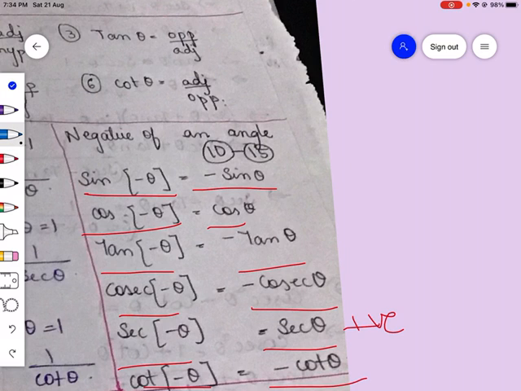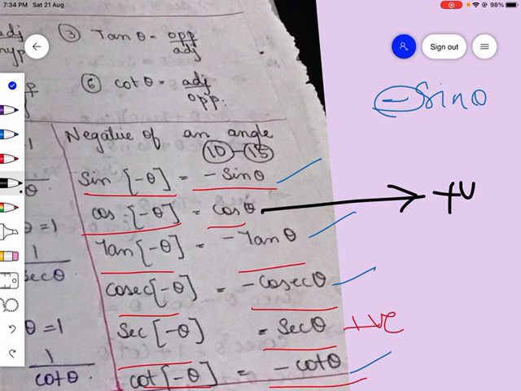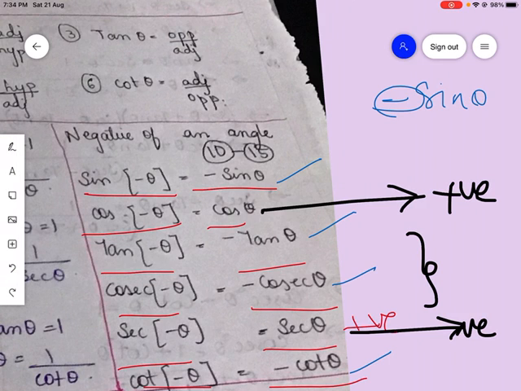If you see, in 4 situations, sine, tan, cosecant and cot, the negative remains. But in 2 situations, cos and secant, it changes to positive. These are the 2 different functions of trigonometry. Remember this: the negative of an angle will change to positive for cos and secant.